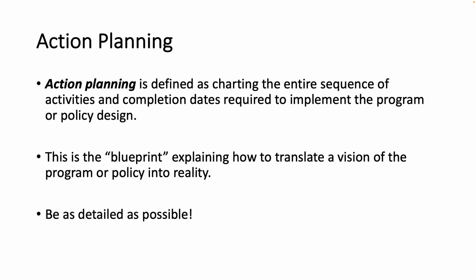So it is, in essence, a blueprint explaining how to translate a vision of your program or your policy into reality. Think about it like an instruction manual, and you don't want somebody that is assembling your instruction manual to be missing any steps along the way.